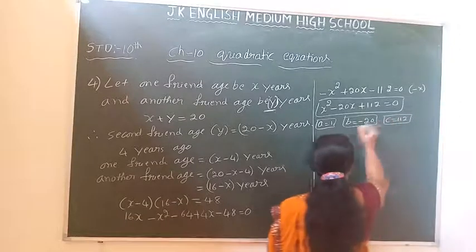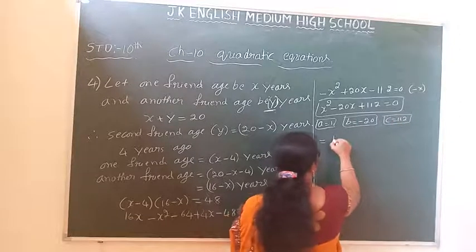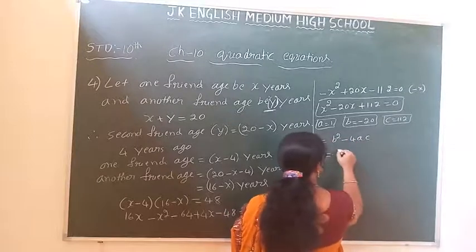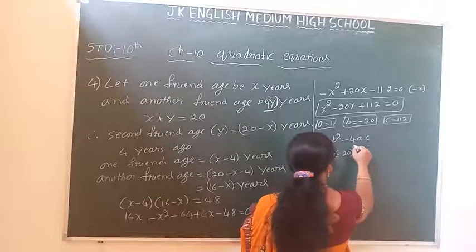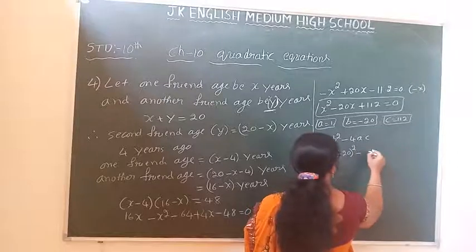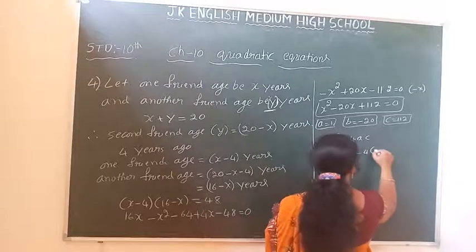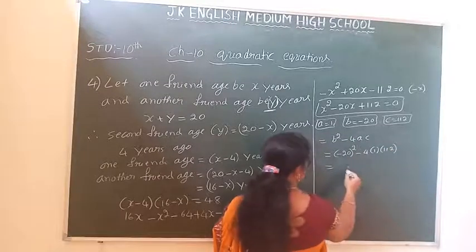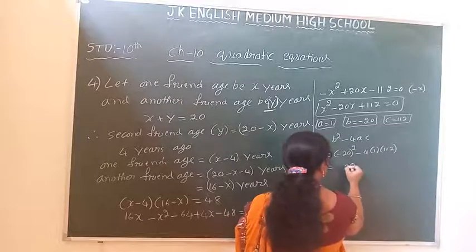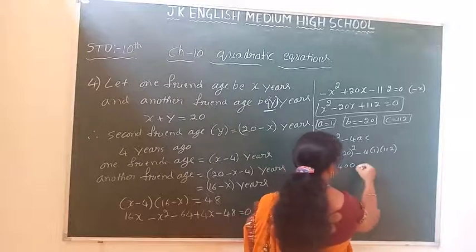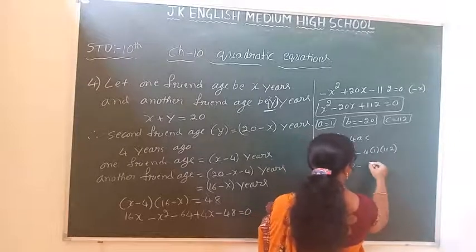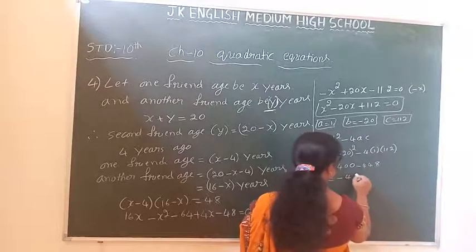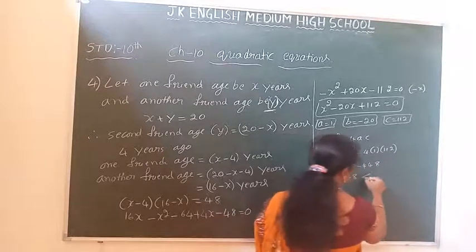So now check b square minus 4ac, what value you are going to get. b square is minus 20 whole square, which is 400, then minus 4ac, 4 ones are 4, 4 into 112 is 448. So you got minus 48 as the answer. This is less than 0.